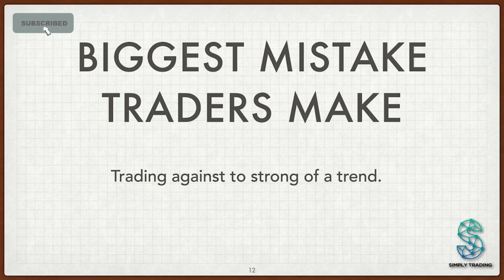Now, if that descending triangle were to form over 2 or 3 weeks, in comparison to that uptrend, that makes it a lot stronger. Because remember, the longer triangles take to form, the stronger that pattern's going to be. So just make sure that you're paying close attention to the previous trend up to the triangle.